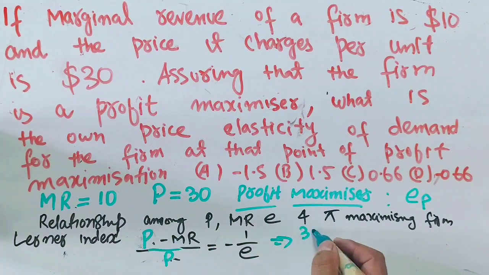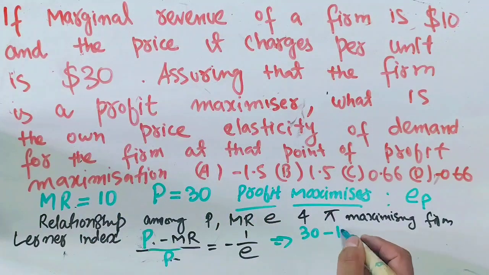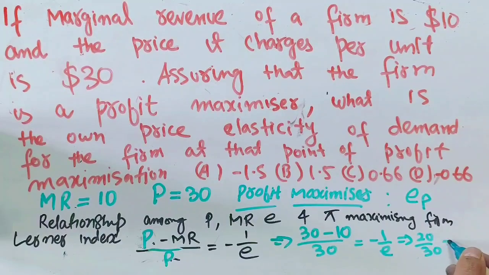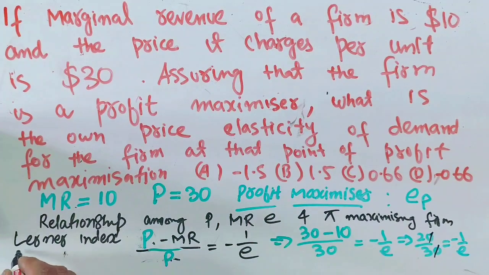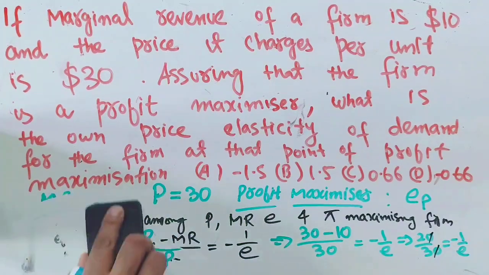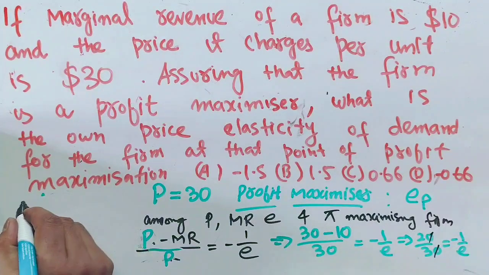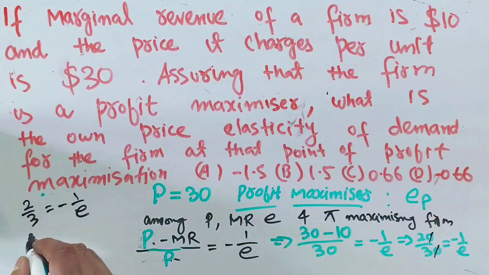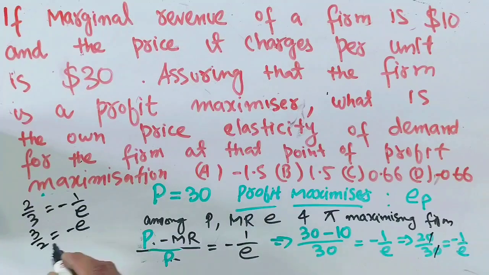Solve. Now price is 30, marginal revenue is being given to us as 10, so 30 minus 10 divided by 30 will be equal to minus 1 upon E. So 30 minus 10 is 20, divided by 30 is equal to minus 1 upon E. Okay, that gives us 2 upon 3 is equal to minus 1 upon E. Reciprocate both sides, so we get 3 upon 2 is equal to minus E. Multiply both sides by minus 1, so we get E is equal to minus 3 upon 2, which is minus 1.5.